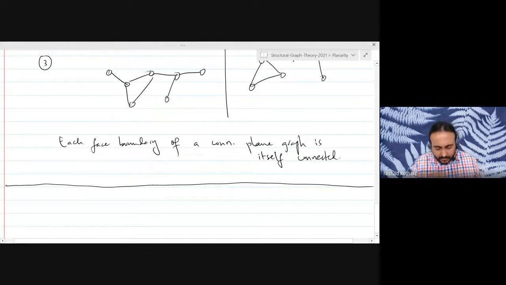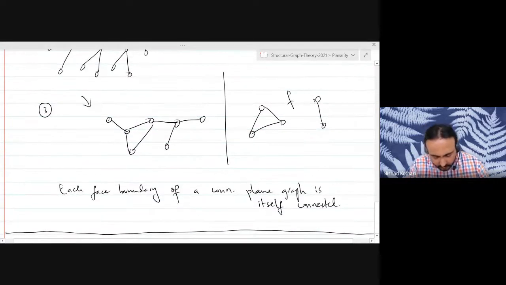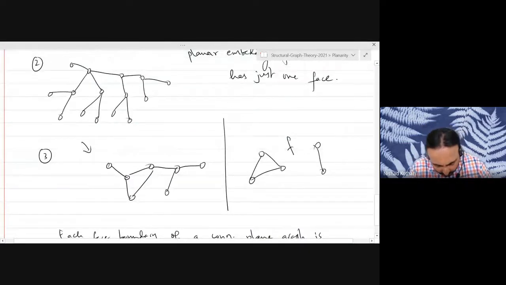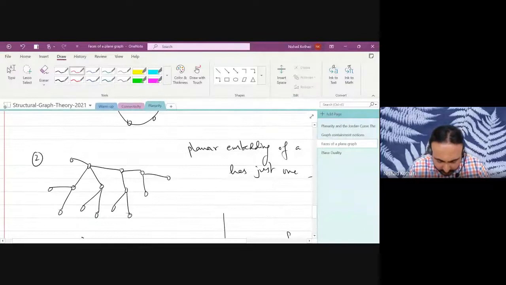But in fact, we can say something more about the boundary of a face in a connected plane graph. If you look at this example, you see the boundary of this outer face. For sure, it is connected, but you can actually think of it as a closed walk.